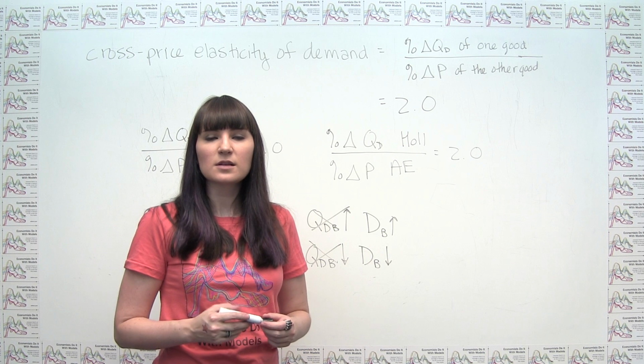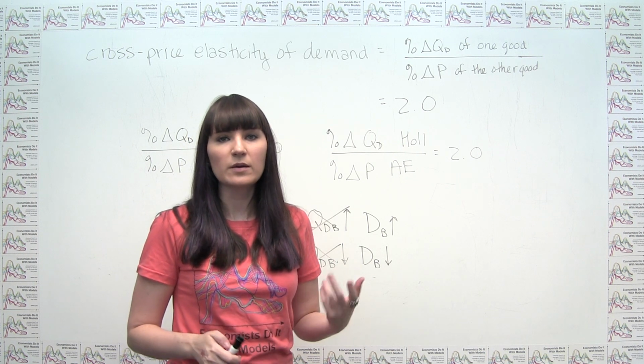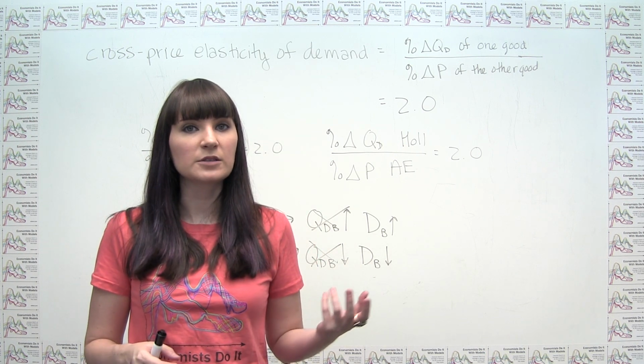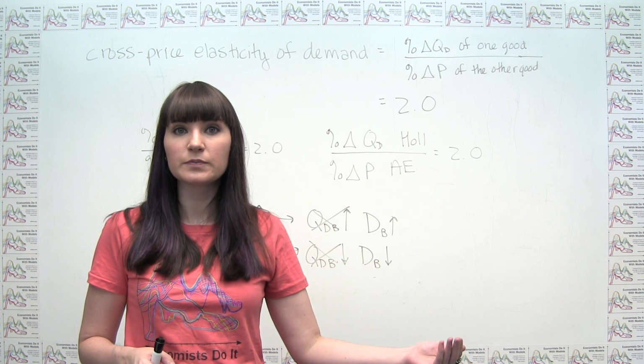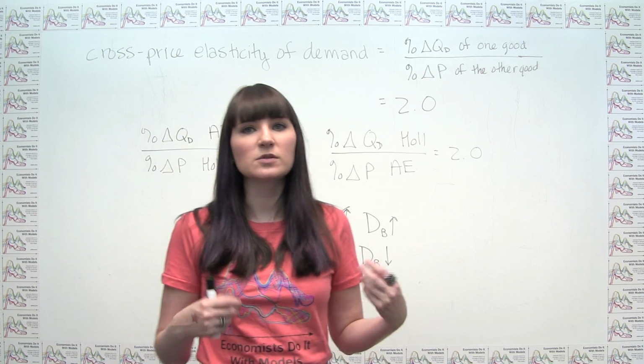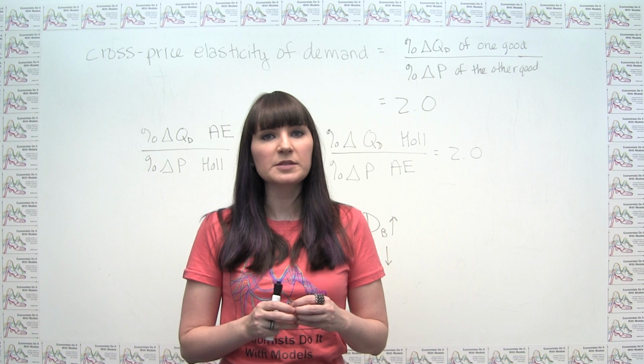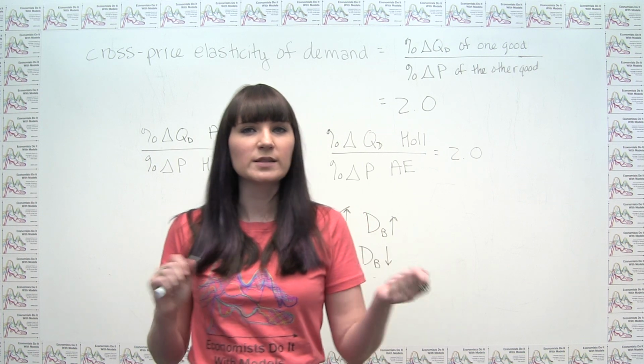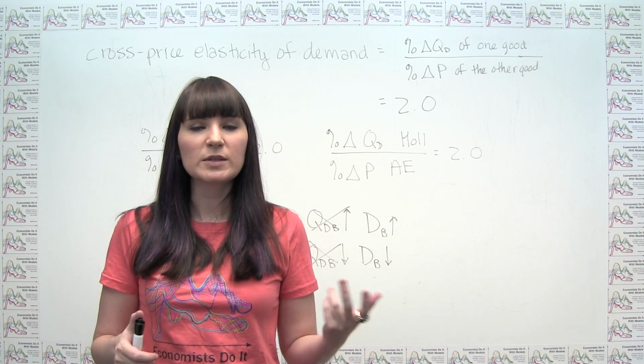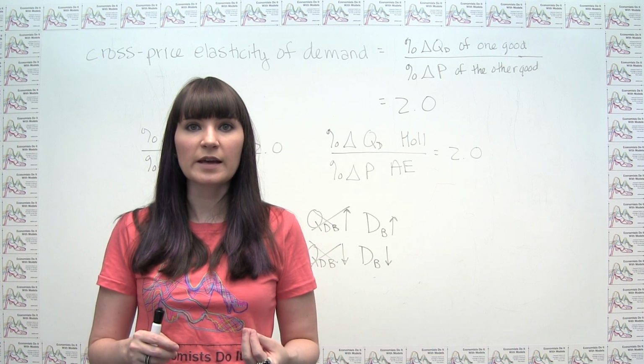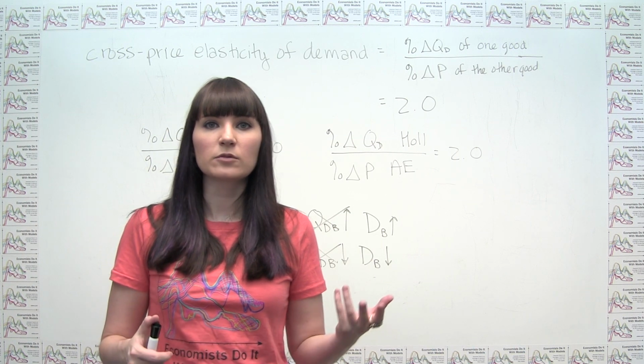This looks a lot like what we talked about when we discussed prices of related goods as a determinant of demand. Remember, related goods were substitutes and complements. Substitutes were things where you consumed one instead of the other, and complements were things that you consumed together. And they had particular relationships.